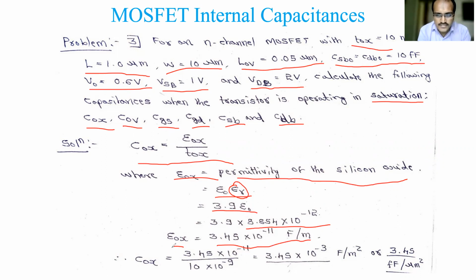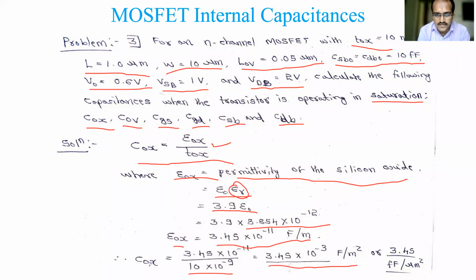Clear? Next we'll consider COX and put it in this formula. TOX they have given as 10 nanometer, so you substitute 10 into 10 to the power minus 9, which is 10 to the power minus 8. Here 3 will remain. So 3.45 into 10 to the power minus 3 farad per meter square.